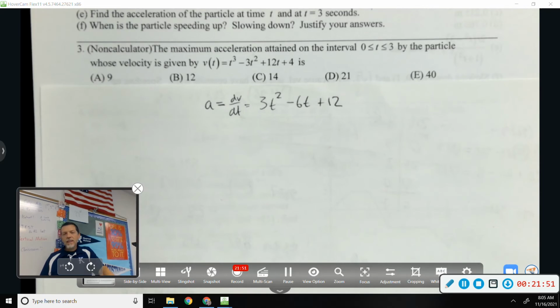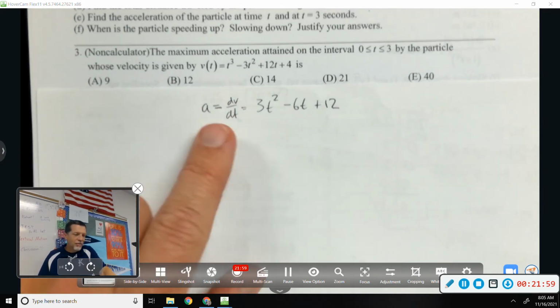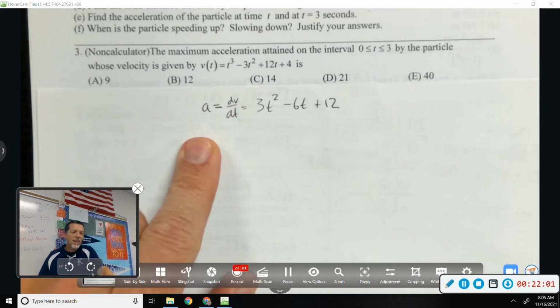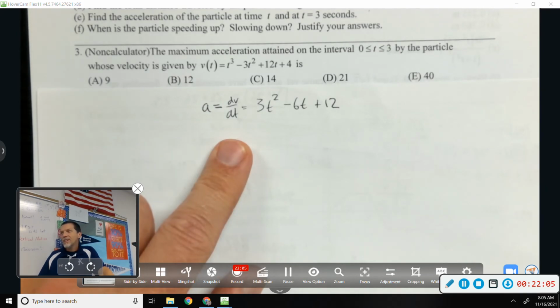I feel like the AP test does this a lot. They word questions that force you into higher order derivatives. They're not hard to do, but you understand that if we want to maximize acceleration, then what do I need to do with acceleration? Like the last unit, when we wanted to optimize something, maximize or minimize it, what did we do first?